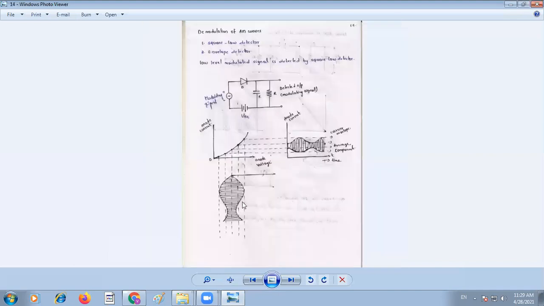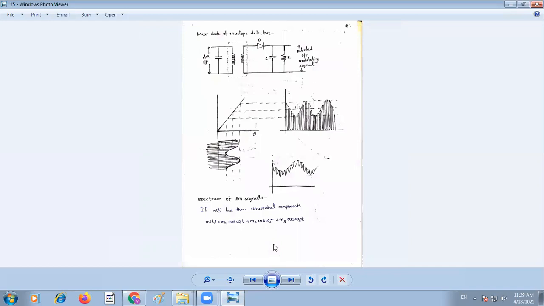So simply one transformer is here, with a primary and a secondary. For the primary, the modulated signal is the input signal, and for the secondary, the same square law diode circuit diagram is utilized here. Now this is the circuit, the same as the previous one. The difference is that only the positive signal is present.